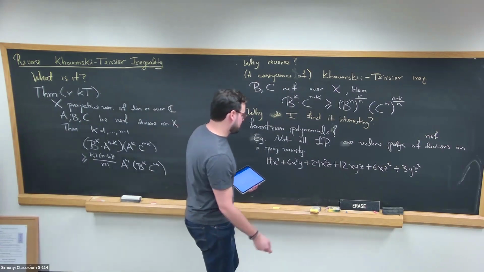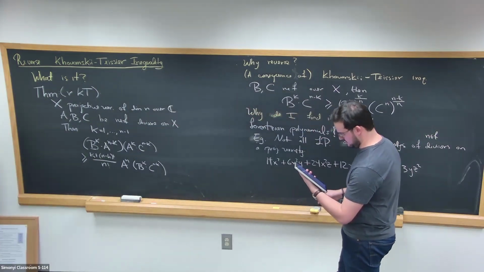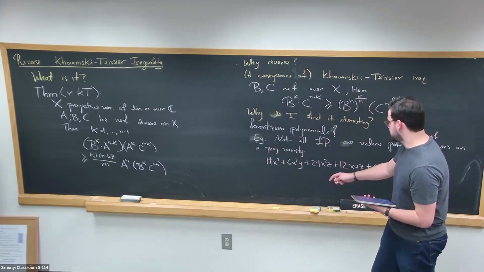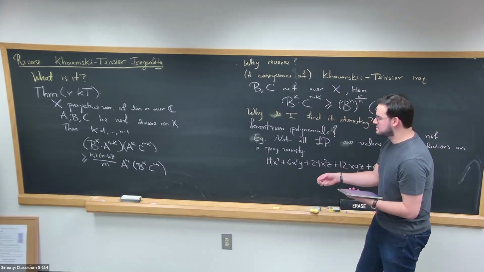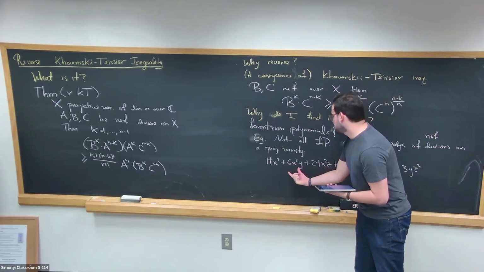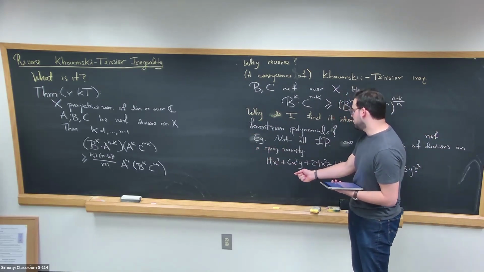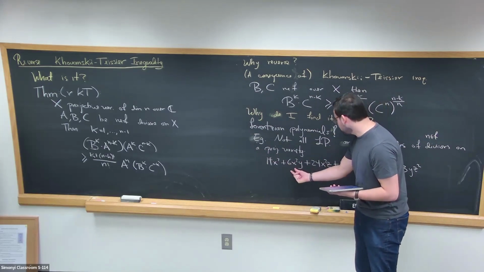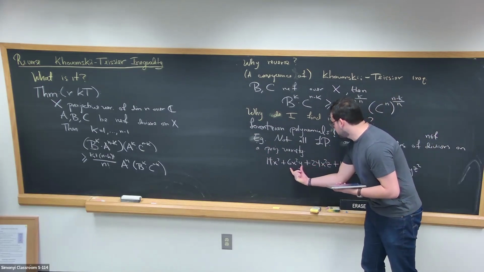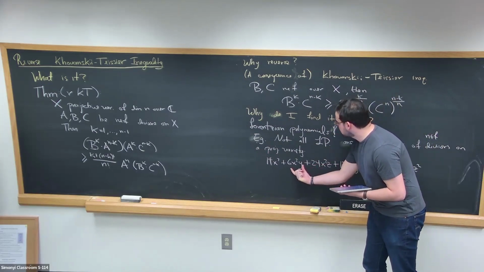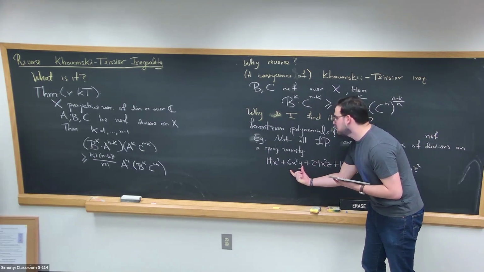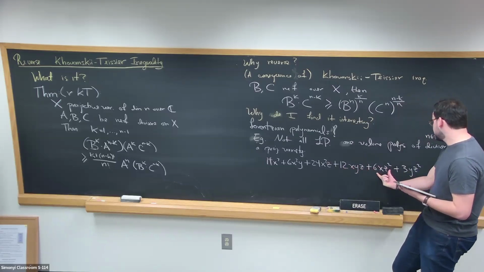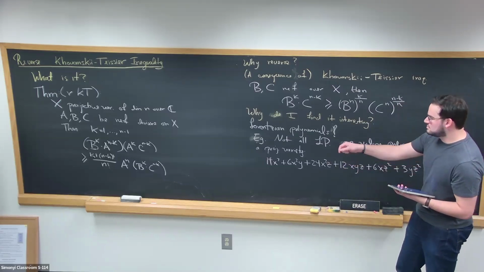So that inequality written in this language should be something like the normalized coefficient of, let's say that we have k equals 1 and n equals 3. So it should say something like the normalized coefficient of this guy times the normalized coefficient of this guy should be greater than or equal.